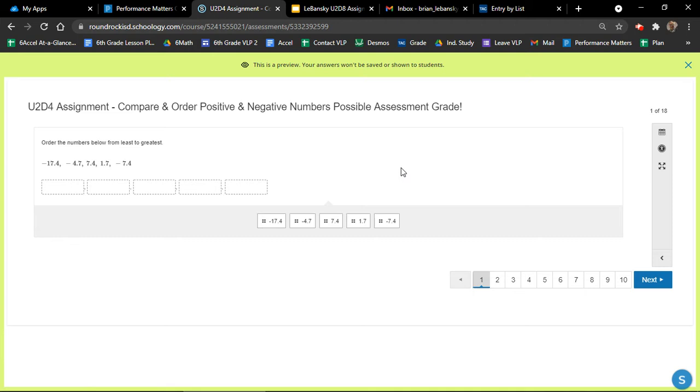So negative numbers are less when they're more in absolute value, and positive numbers are more when they are more in absolute value.